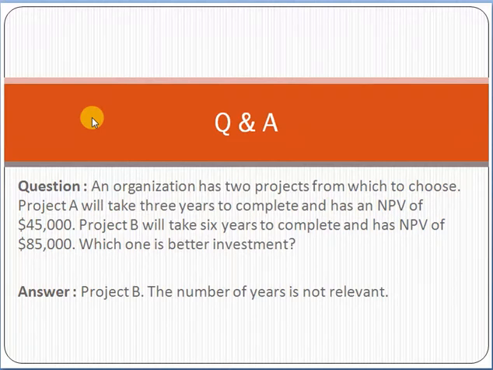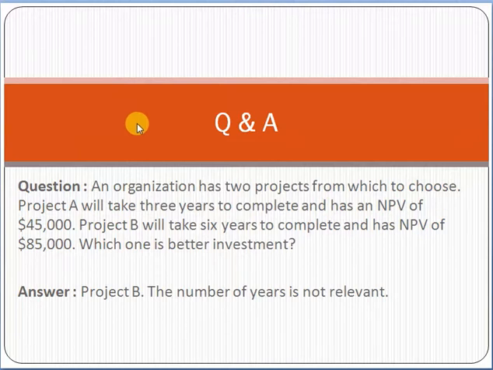In the exam you don't need to calculate the net present value, so you don't need to remember the formula. You just remember that you should select the project which has the highest net present value.